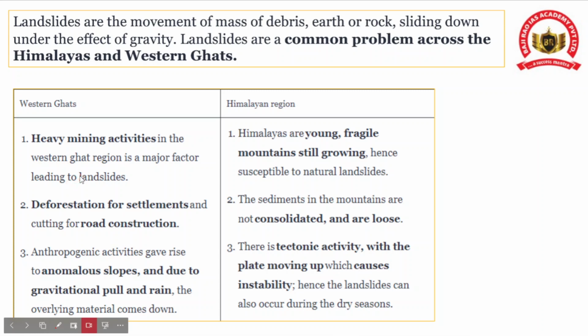For example, mining for minerals like coal, iron ore, and even gravel. When we mine the slopes of a mountain, that could result in the creation of steep slopes, and also deforestation and loosening of the topsoil of the mountain, and this loosening of topsoil, under the effect of gravity, further triggers landslides.